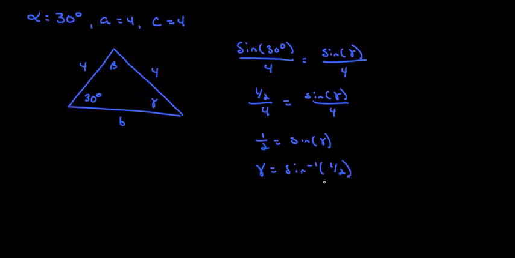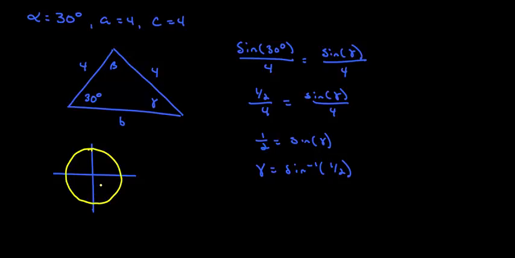So what angles are possible values for, remember, gamma here has to be between 0 and 180, actually between 0 and 150, because we already are using 30 degrees here, and there's only 180 degrees in the triangle. So if we're trying to solve the triangle, let me draw out your unit circle again for you. Okay, so there it is.